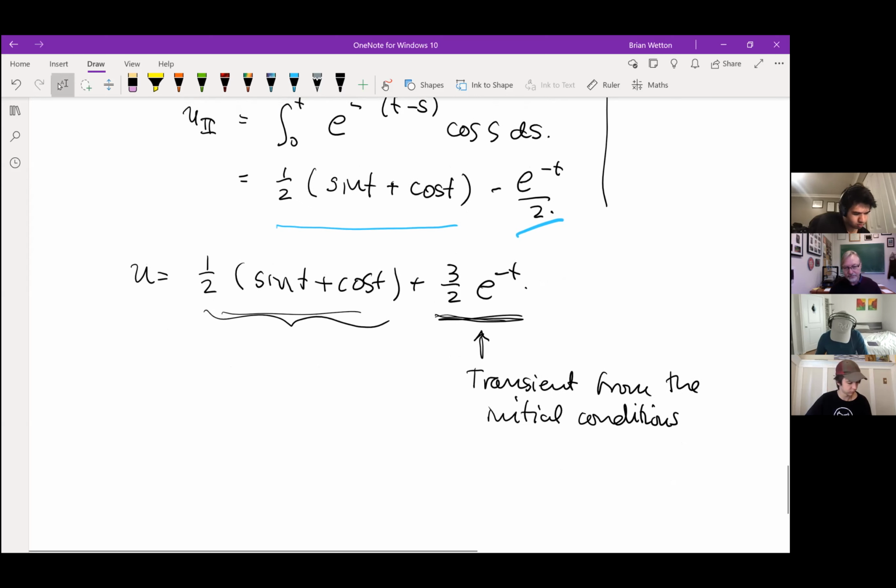After the transient from the initial conditions, all we see is this thing. Now, if the solution tended to a solution after the transient that was not time dependent, we would call it a steady state solution. Well, this solution after the transient does have time dependence, so it's not really quite right to call it a steady state solution.